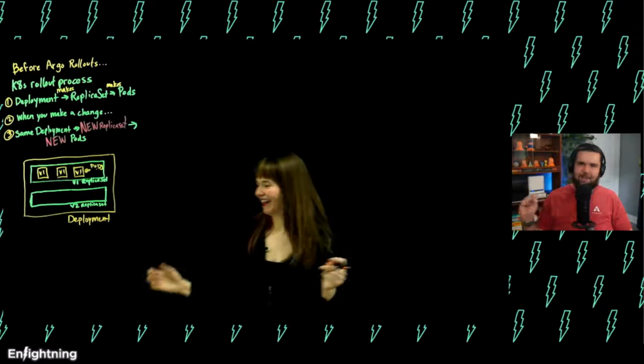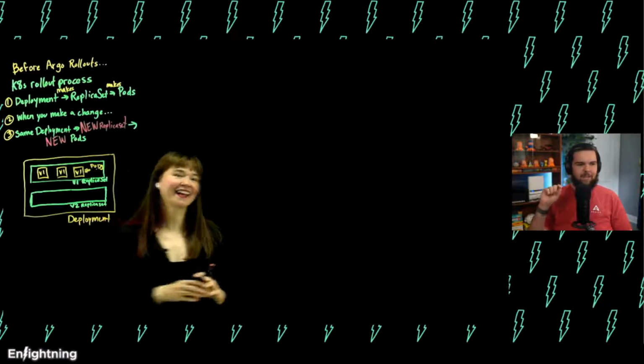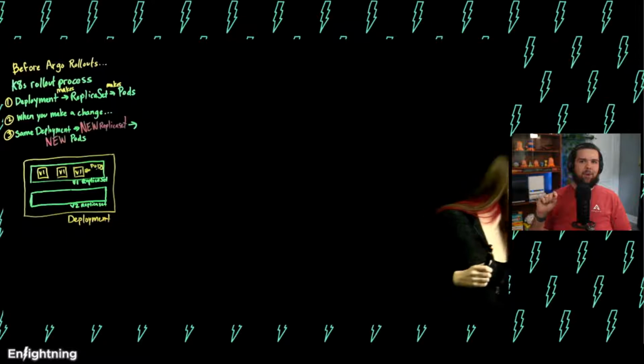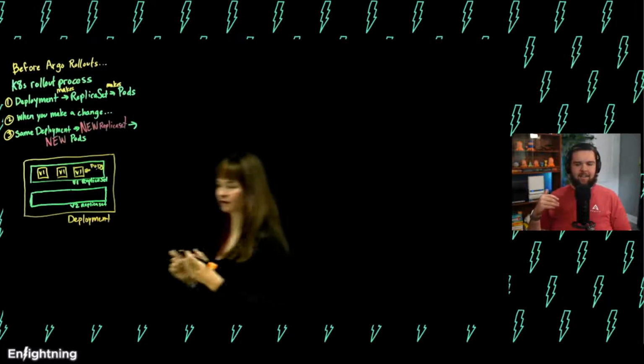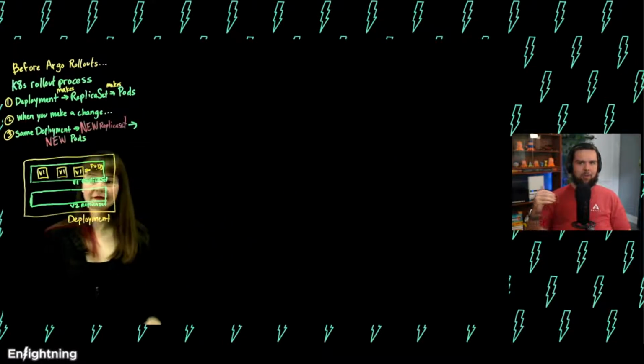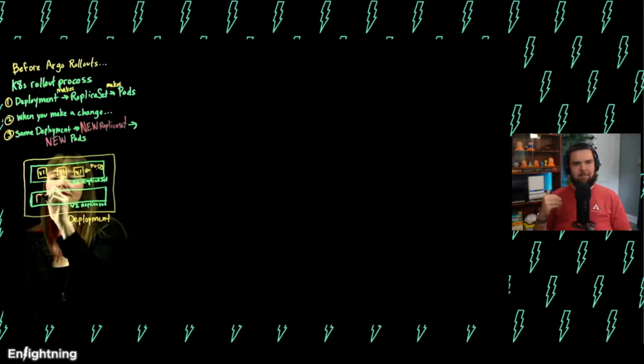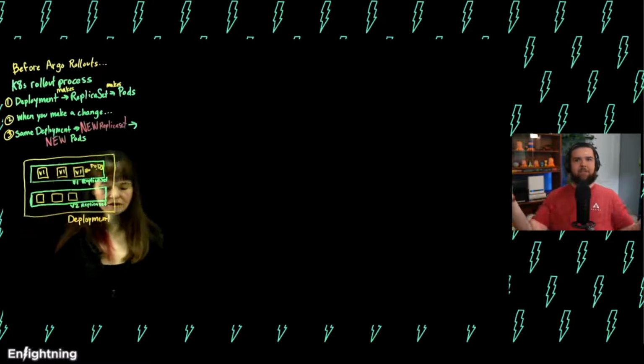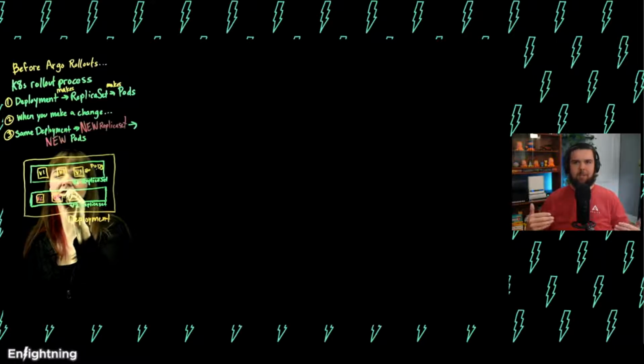I can go on a small tangent about recreate. It's really ideal if your application can't handle having a new and an old version available at the same time. So if you've got incompatible API versions and you need to fully remove the old API before introducing the new one, that's when recreate comes in.